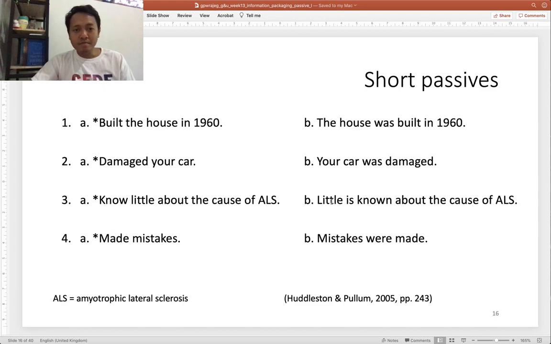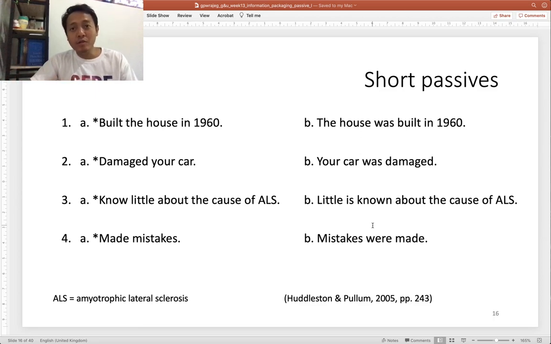Okay, so these are examples that illustrate short passives in the B examples, and the A examples are the ungrammatical active versions of the B examples. You see that all of the B examples are grammatical in English, even though there are no by phrases indicating the actor. The house was built in 1960.